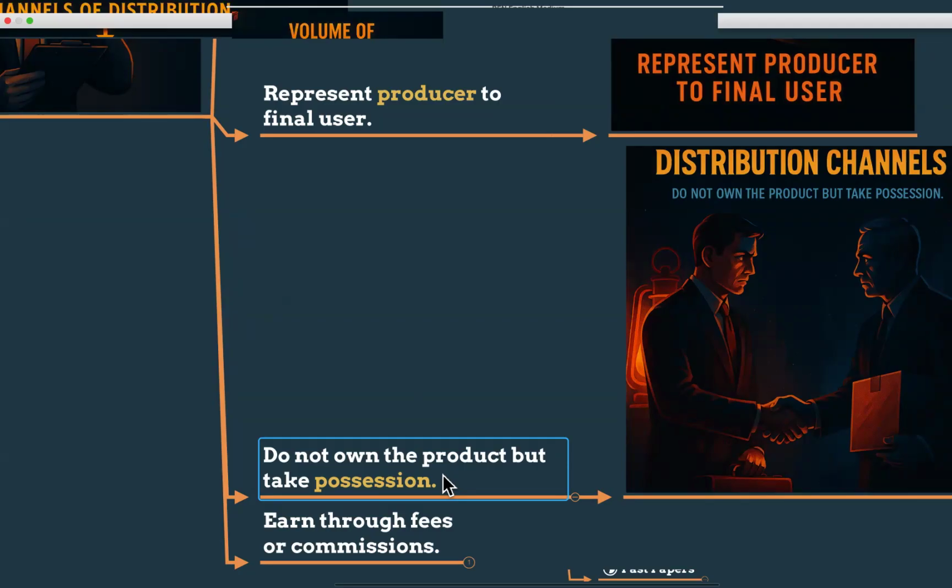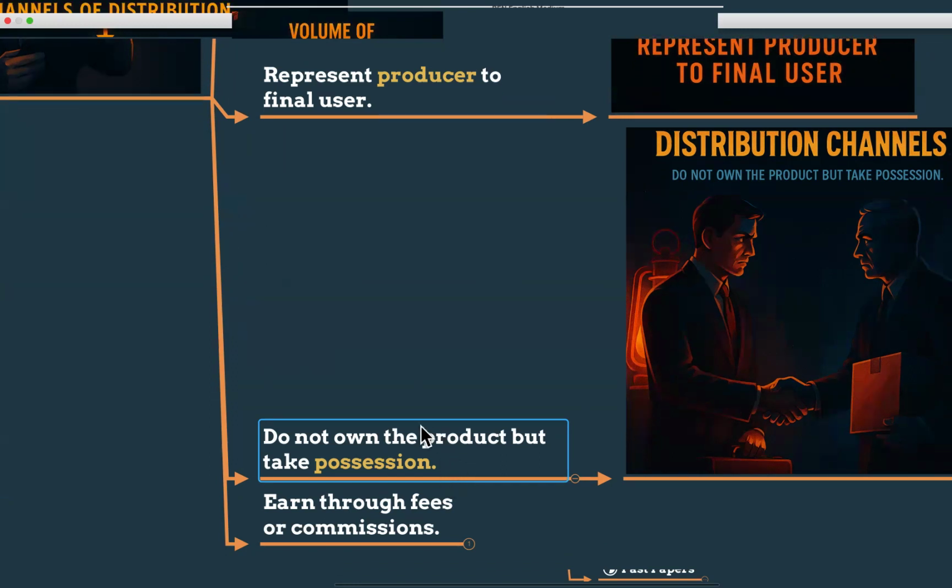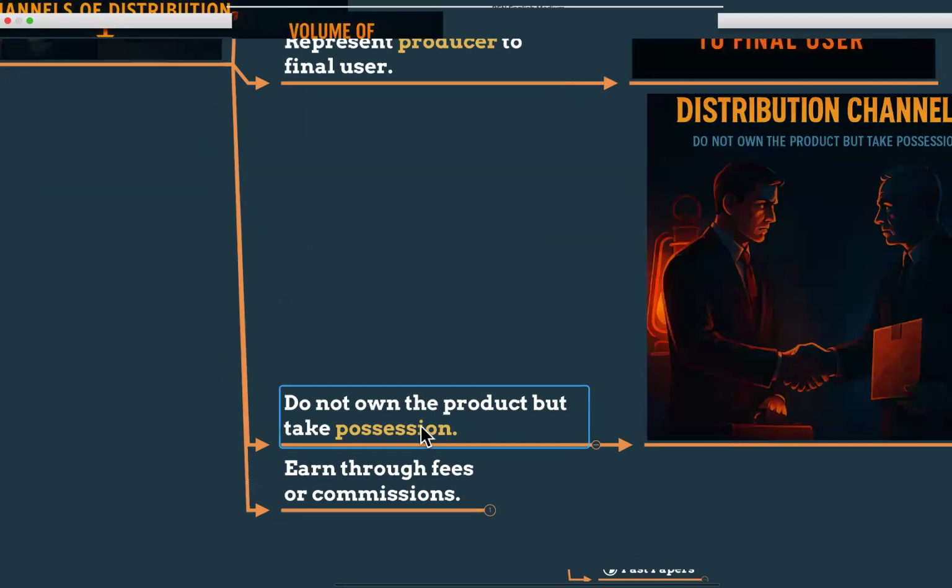For example, insurance agents are selling policies in the insurance company's name. They are not the owner of the policies, right? At the same time, they take possession very temporarily until they sell to the end users, and they never become owners. The risk of the goods stays with the manufacturer.